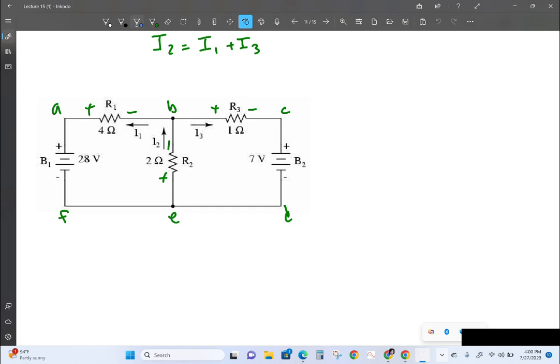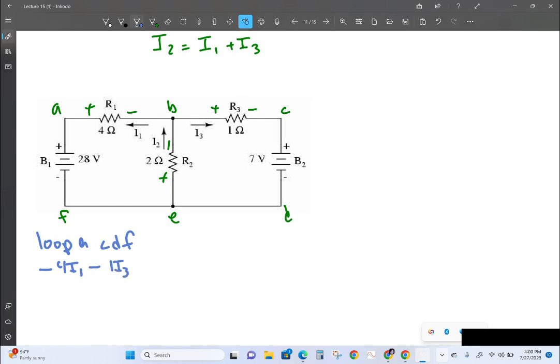So let's do loop A, C, D, F. That's the outer loop. If I go around, I'm going across R1 from positive to negative. That's a loss in voltage, and it would be minus 4 I1. Then I go through R3, and it loses a voltage of minus 1 I3.